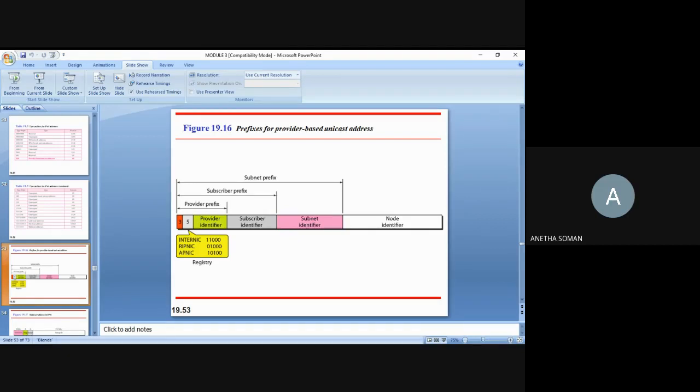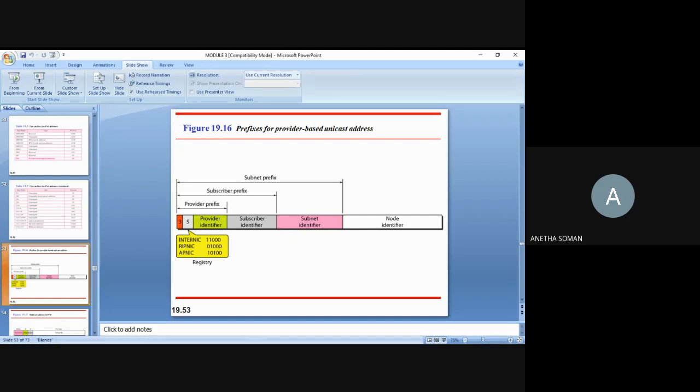So you should understand the address format of unicast address in IPv6. At least write these names: type identifier, registry identifier, provider identifier, subscriber identifier, subnet identifier, and node identifier. Okay, so this is about unicast addressing in IPv6.